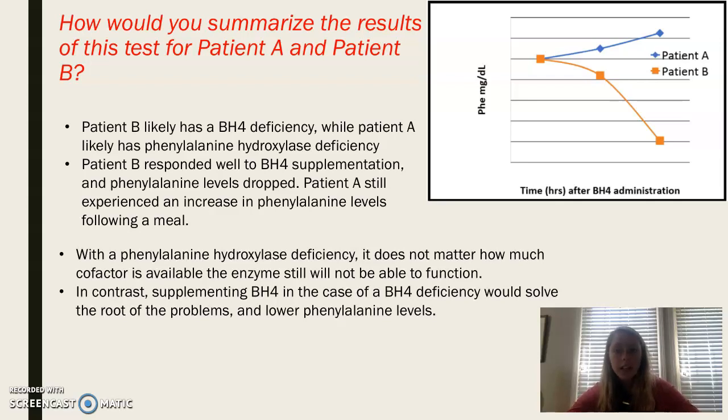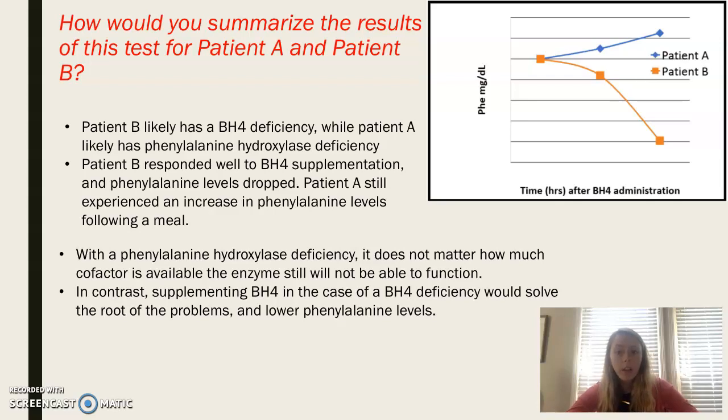So because of this, I said that patient B likely has a BH4 deficiency, while patient A likely has a phenylalanine hydroxylase deficiency. Patient B responded well to BH4 supplementation and phenylalanine levels dropped. Patient A still experienced an increase in phenylalanine levels following a meal.